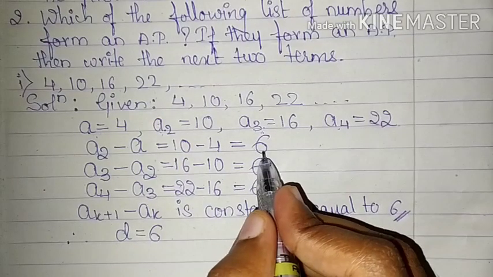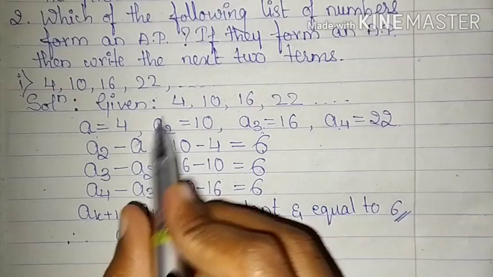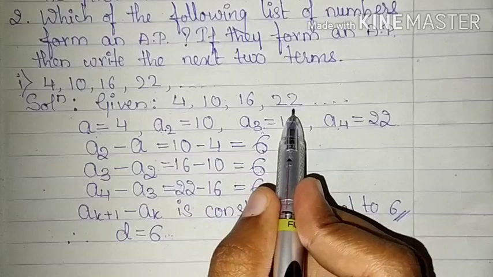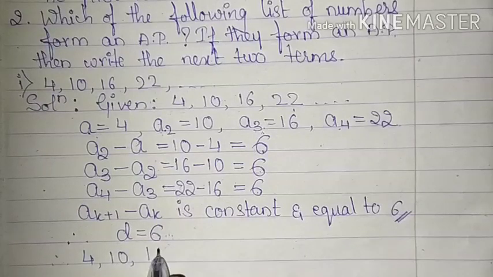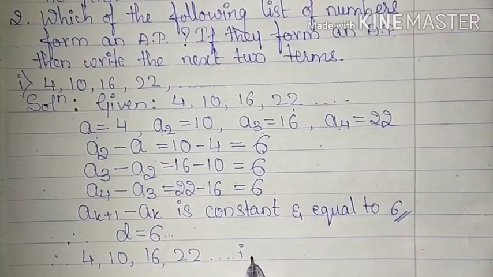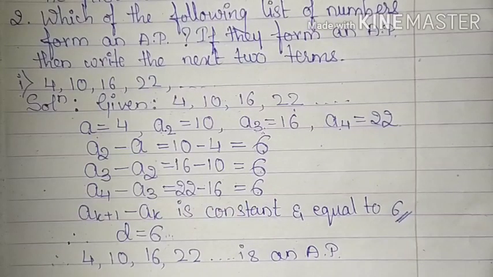Since the difference is fixed, we can easily say that the difference is our common difference and the given list of numbers is an AP. So write it down: therefore 4, 10, 16, 22 and so on is an arithmetic progression or AP.